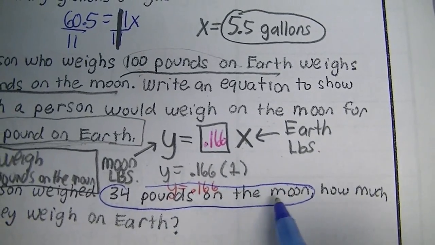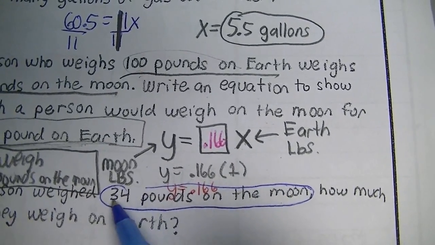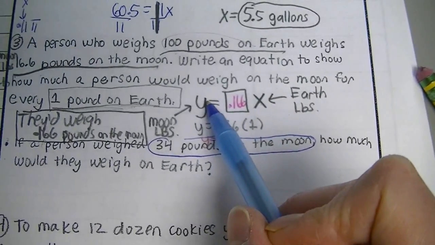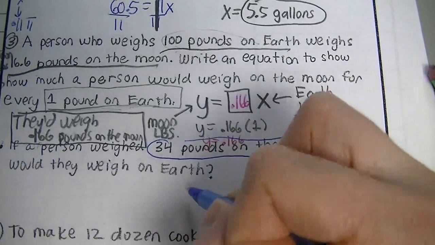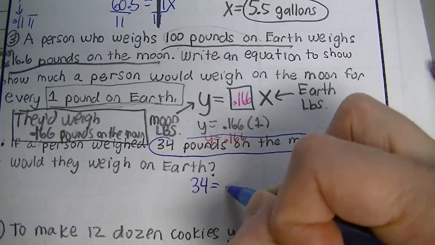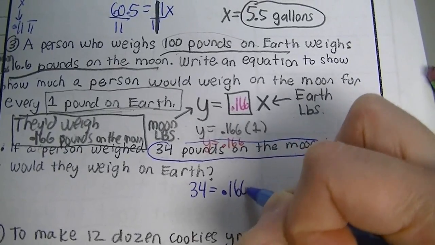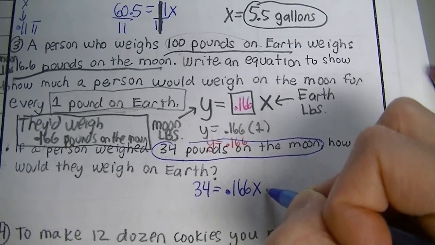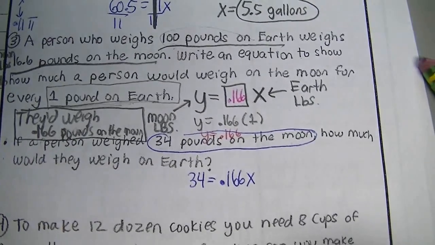Well, since it says 34 pounds on the moon, we are going to substitute this 34 right there for y, okay? So instead of writing the letter y, you're going to put 34. You're going to keep the exact same unit rate. And we have to figure out the value of x. We need to figure out how much they weighed on Earth, okay?